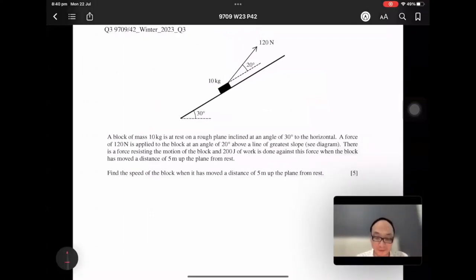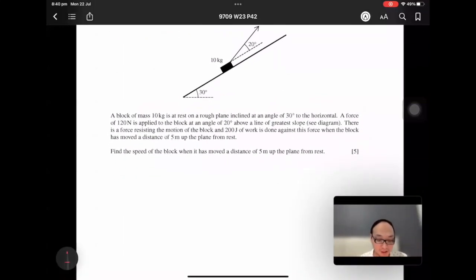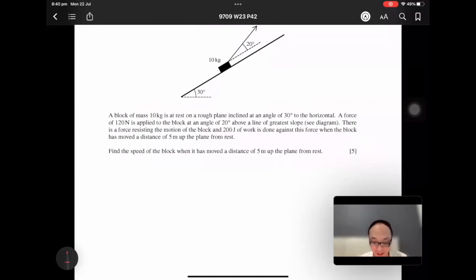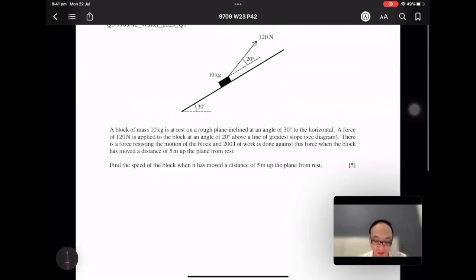Number 3. A block of mass 10 kg is at rest on a rough plane inclined at an angle of 30 degrees to the horizontal. A force of 120 newtons is applied to the block at an angle of 20 degrees above the line of greatest slope. There is a force resisting the motion of the block and 200 joules of work is done against this force when the block has moved a distance of 5 meters up the plane from rest.